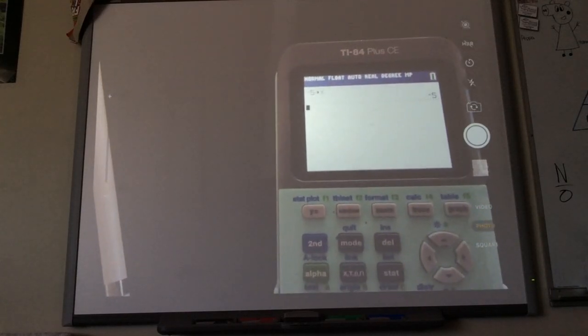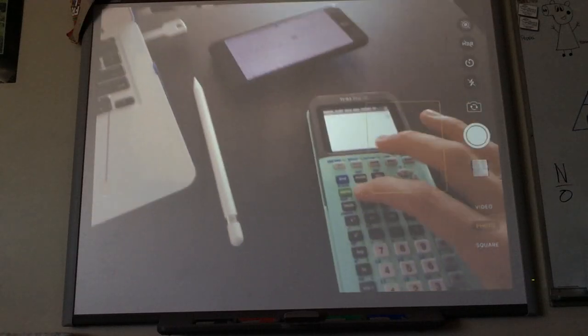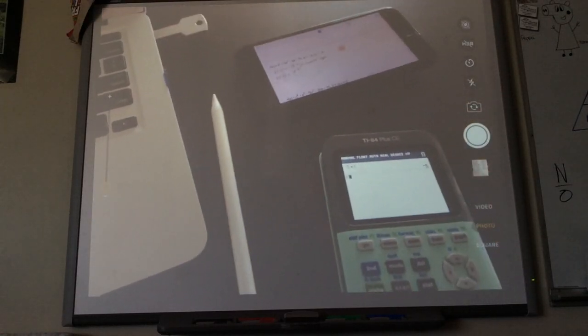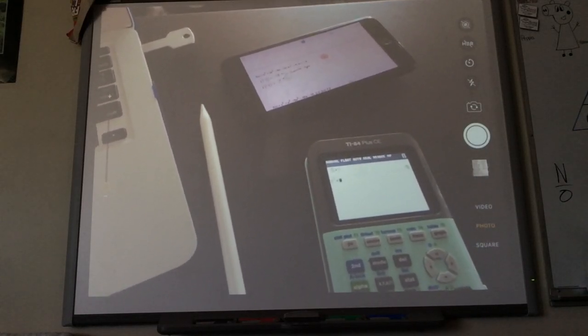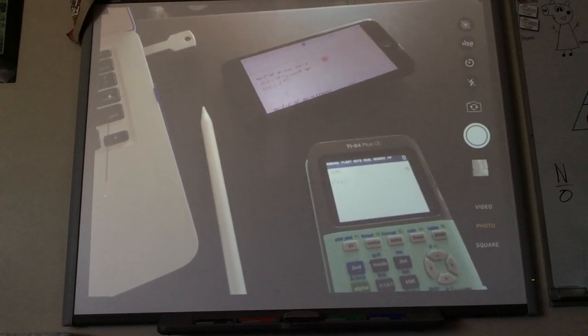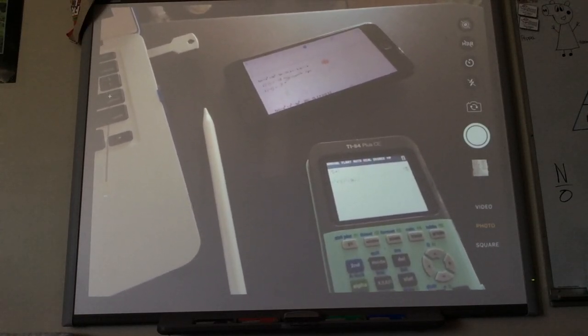So I stored it as X. Now I'm going to type that exact problem. So X, you might not be able to see it right now, but I'll line it back up. So X raised to the third plus 3X squared minus 9X minus 13.